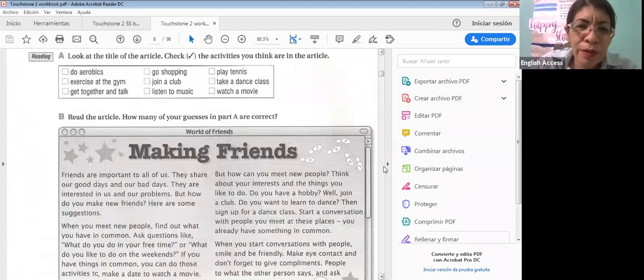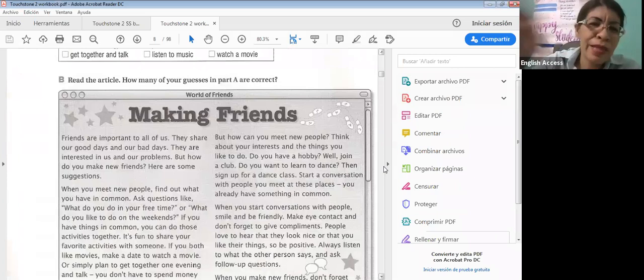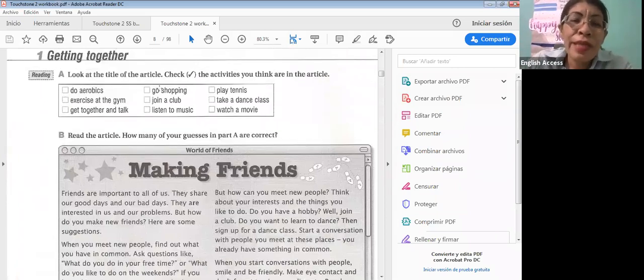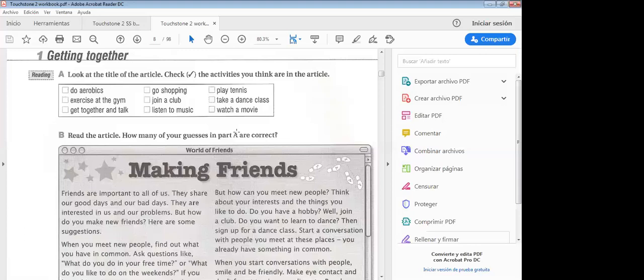Well, you already did the activity at home. You read the article. Now tell me, what are the activities that are mentioned in the reading? Join a club. Take a dance class.